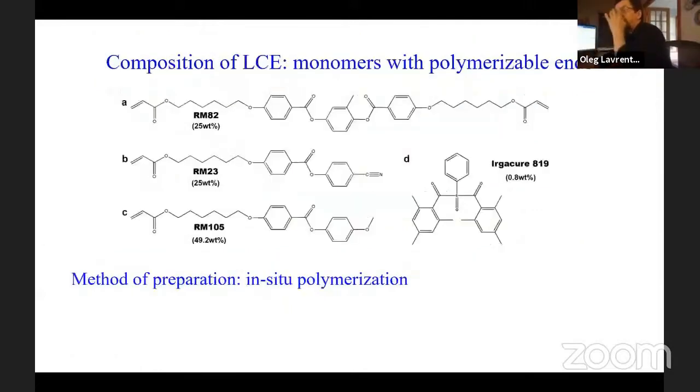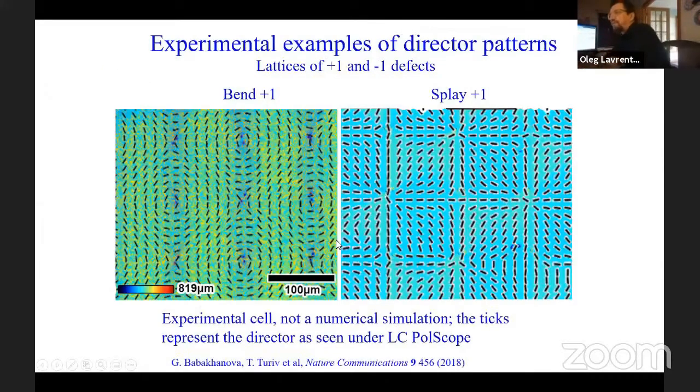So this is the chemistry. This is the materials that we are using. You see the acrylic ends in these molecules that allow us to polymerize the material. And let me start with two pre-designed patterns. So both patterns are kind of square lattices of molecular orientation.